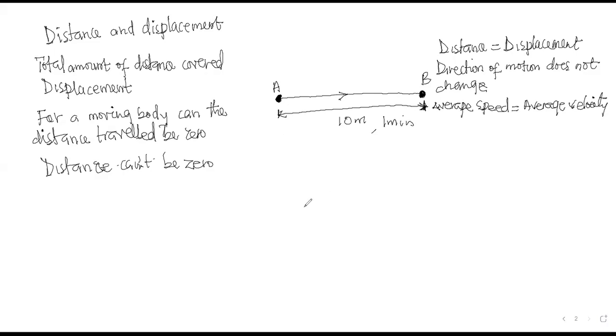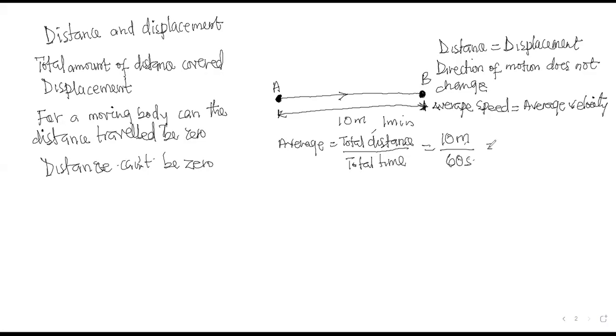to cover this distance. So if I'm to calculate for her average speed, the average speed, which is the total distance traveled over the total time taken, I have 10 meters divided by 60 seconds.